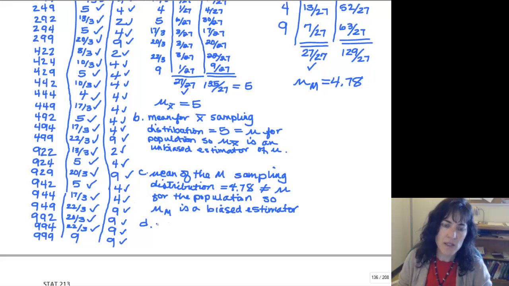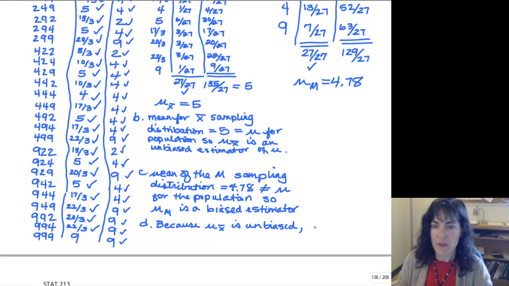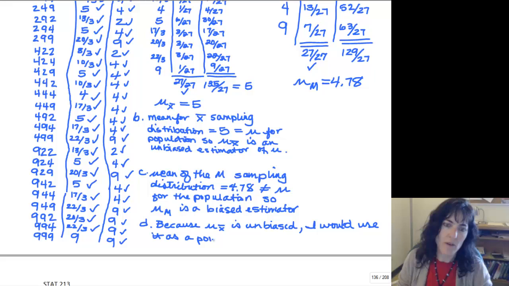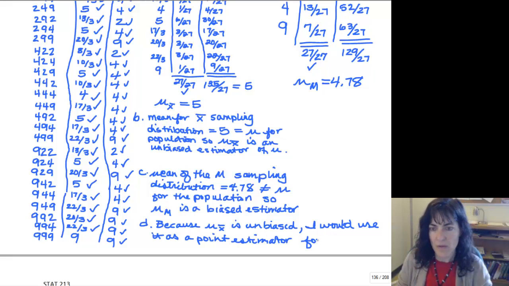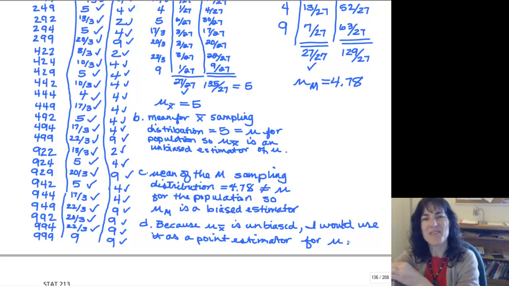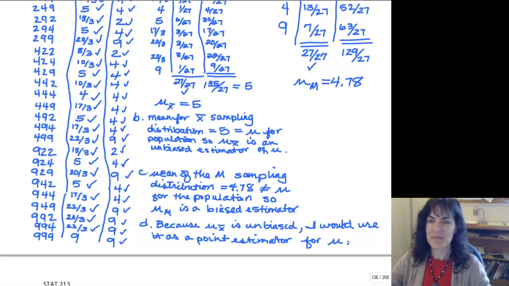And so because the mean of the X bars is unbiased, I would use X bar as a point estimator for the mean, or for mu.